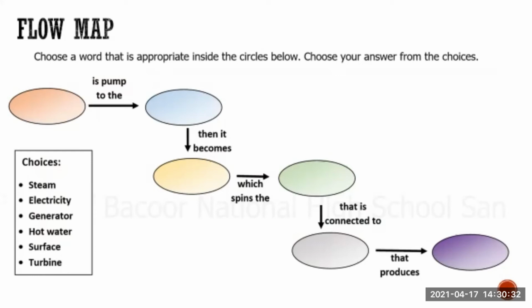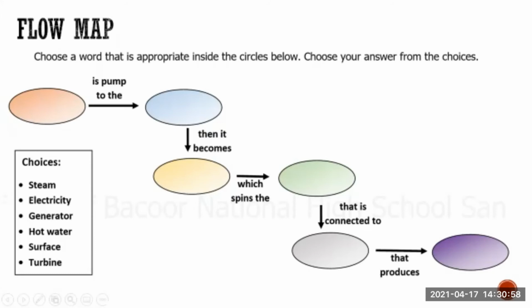So let's have this flow map. Again, this is how we harness geothermal energy to create electricity with the use of what we call a geothermal power plant. So there are 6 circles here.